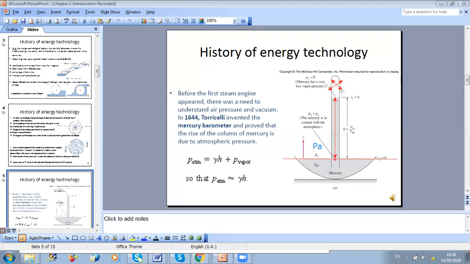Therefore, we can say that the atmospheric pressure will be equal to rho g times h. So the height of the column of mercury gives us the pressure outside. Sometimes we don't know the pressure in the room.